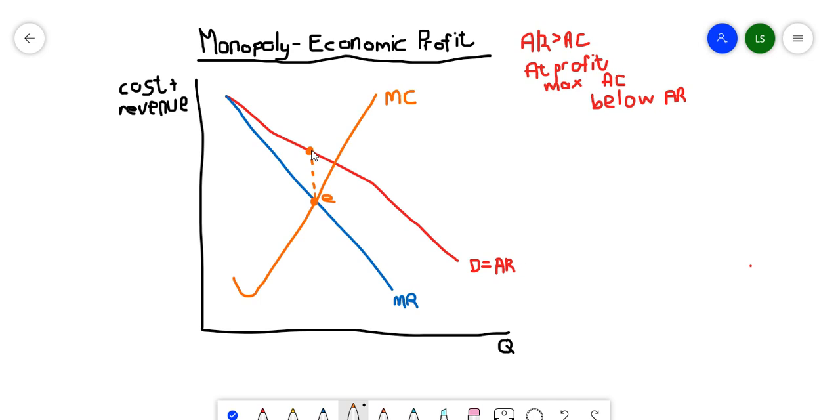Remember, you do not make the bolletjie in the middle of nowhere. It has to be on your demand curve. And once you've made your bolletjie, then you're going to give it a value on the side. Okay, obviously, you can do P1 or you can give it a monetary value. I am going to give it a monetary value because I'm going to show you the calculations and we need numbers for that. So that is your price.